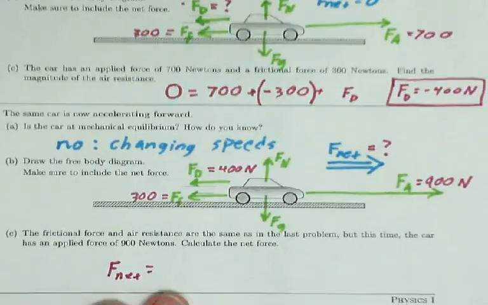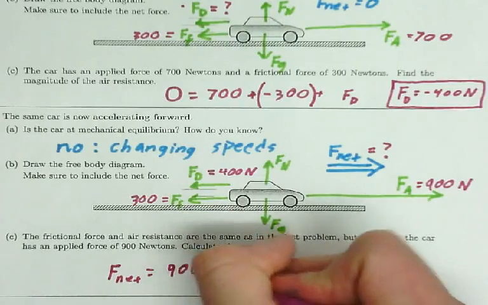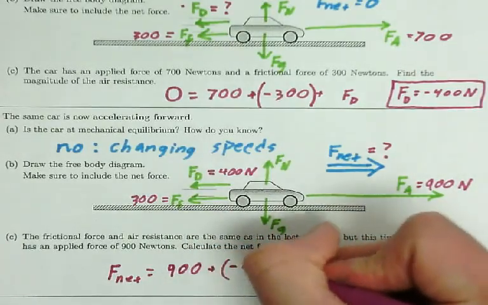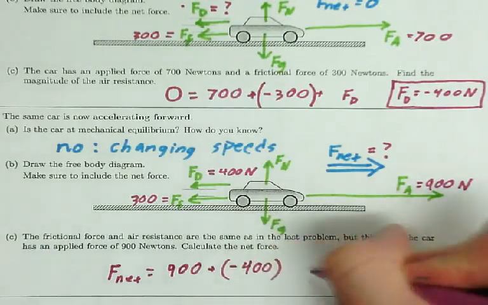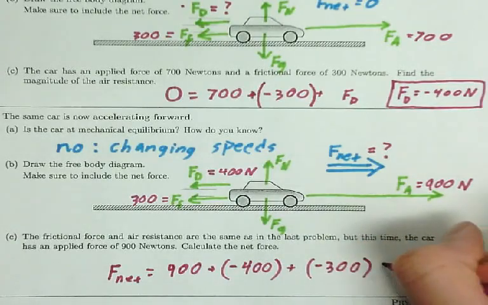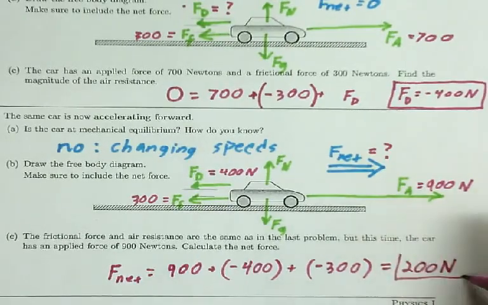Okay? So what are the forces? 900 to the right, plus 400 left, so negative 400, plus 300 left, so negative 300. Equals, final answer, 200 newtons. Woohoo!